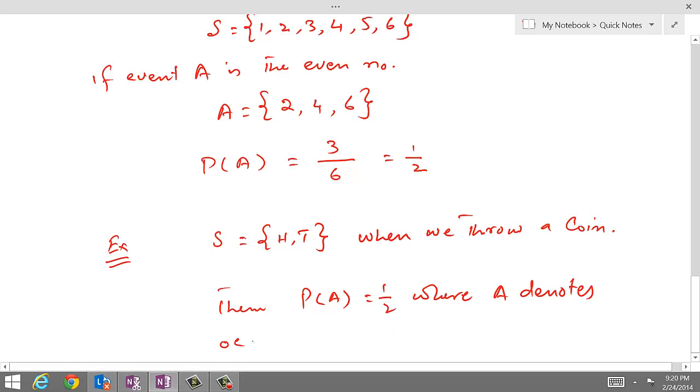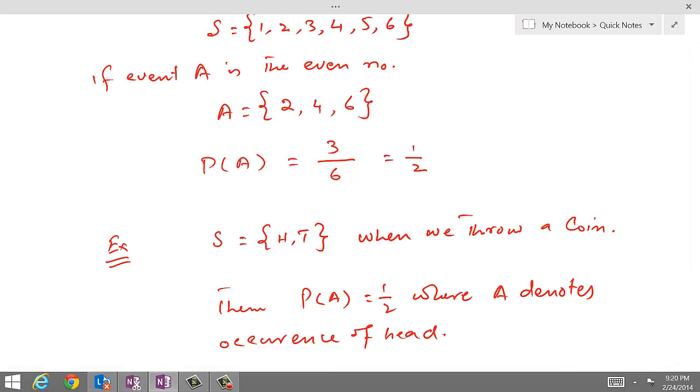So this is how we calculate probabilities. In a given question, we take all the possibilities, which are termed as n, and then the number of favorable outcomes, which are m, and then the probability of that event is m over n.